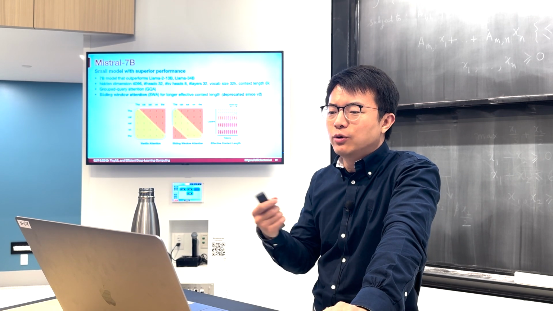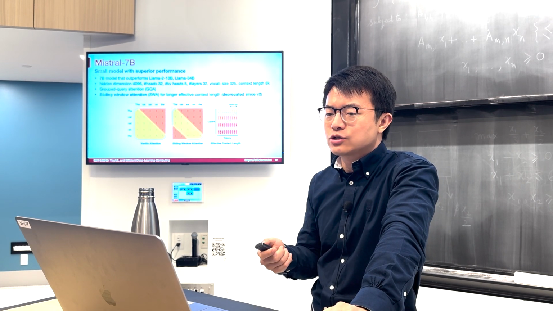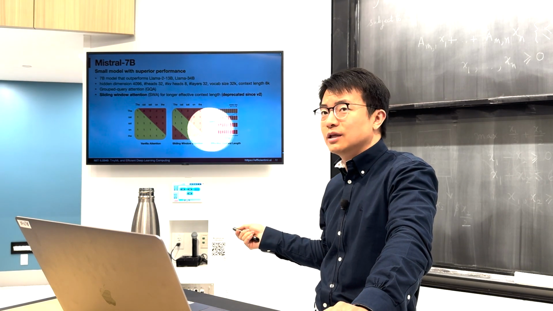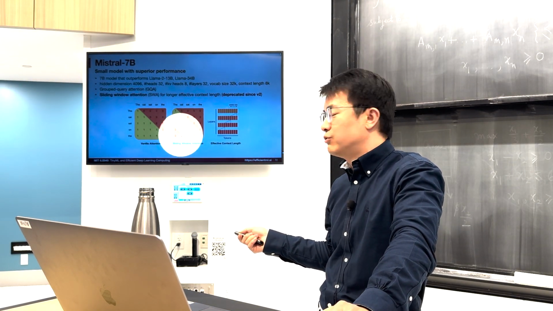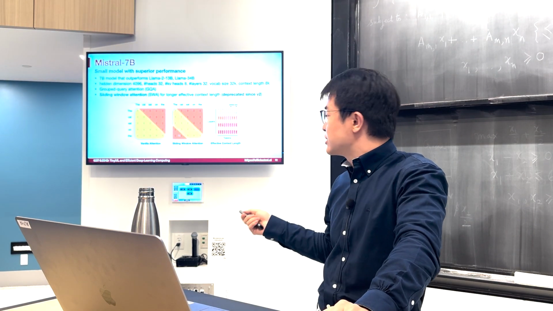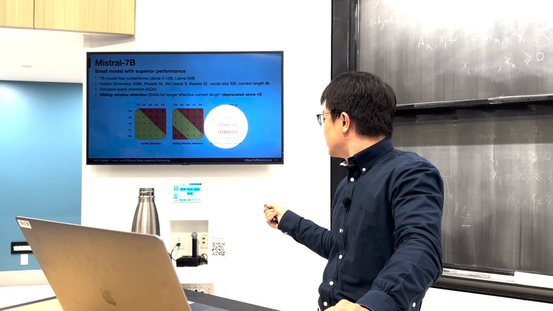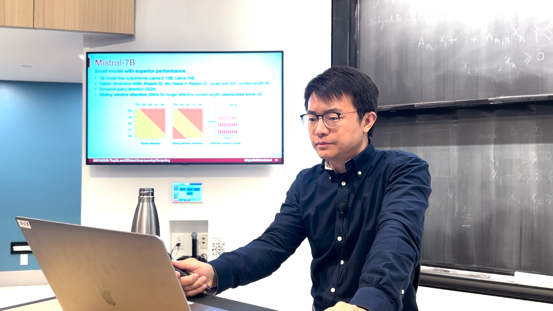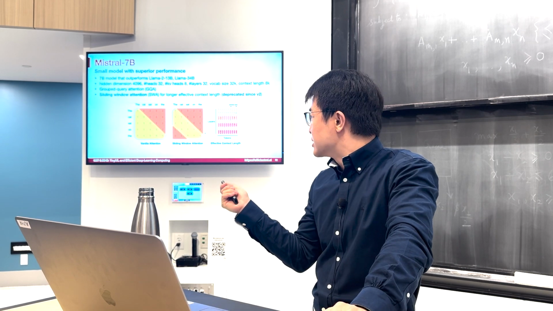You can stack multiple such layers to achieve a longer context length. Since with just one layer you have limited context length, you cannot see everything before it. But after a couple of layers, the receptive field is going to propagate and finally get longer. But it's deprecated since v2.